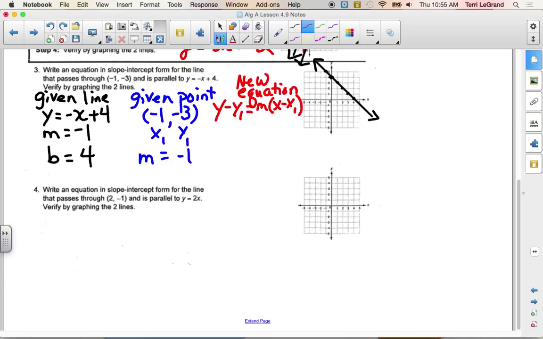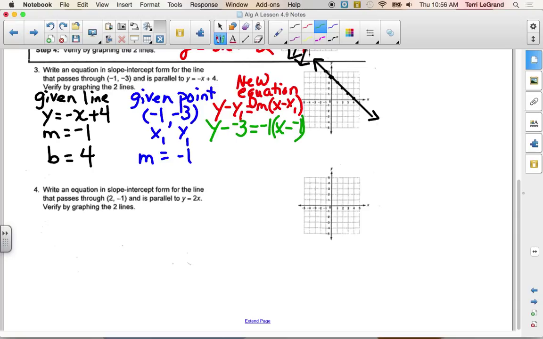So we have y minus -3 equals -1 times x minus -1.